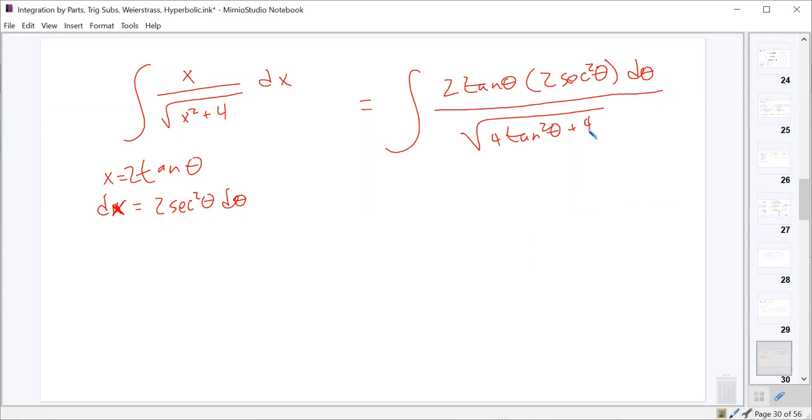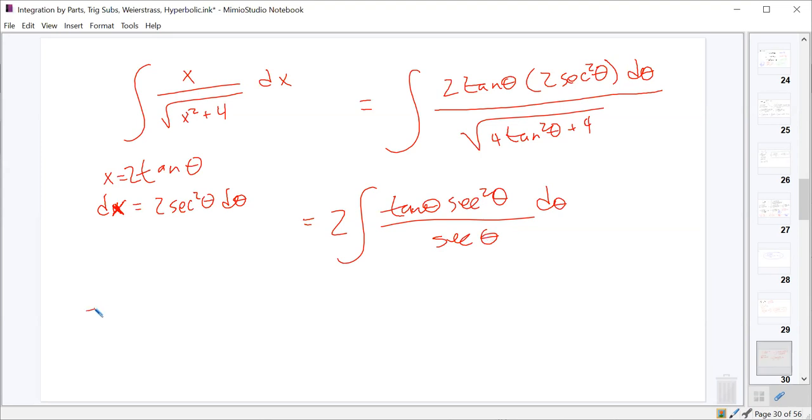Great. All right, so we factored out the 4, pulled that 4 out, which became a 2 down here, cancels with one of these 2's, and the other one we can pull out. So we'll make this 2 times the integral of tangent theta secant squared theta d theta over, this one became tangent squared plus 1, which was secant squared, and we square rooted it to get secant.